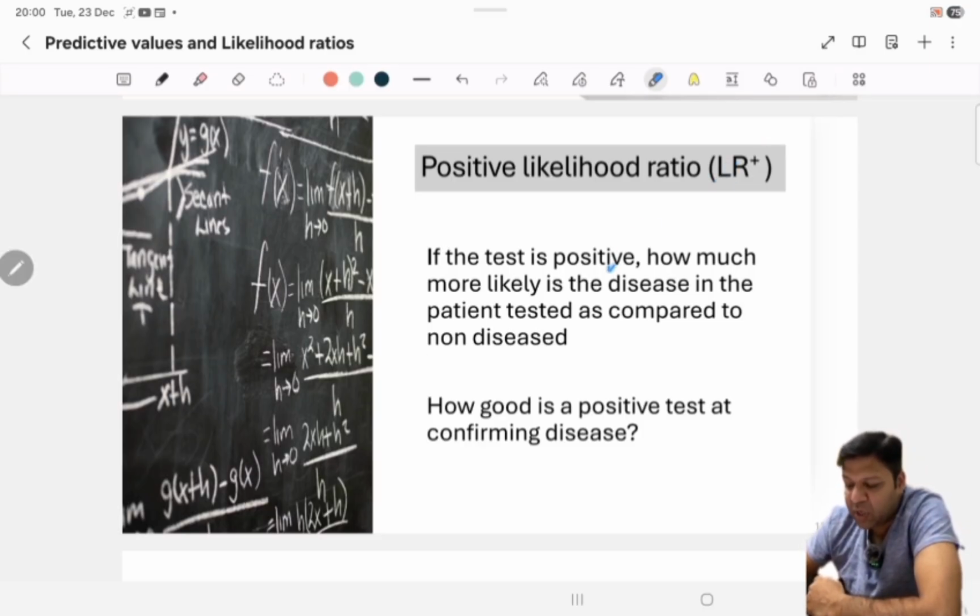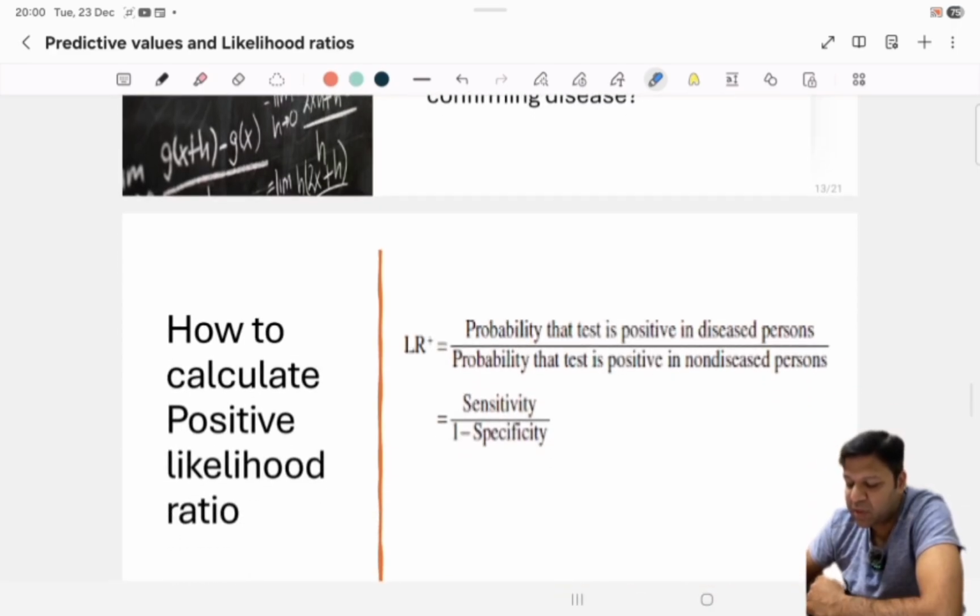So the positive likelihood ratio is, if the test is positive, how much more likely is the disease in the patient tested as compared to the non-diseased, or how good a positive test is at confirming the disease. Here we are talking at the individual level. We are not talking about 100 patients or the percentage as we do in sensitivity and specificity. So how to calculate the positive likelihood ratio?